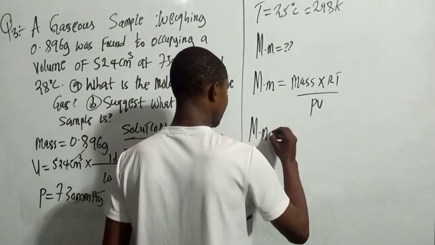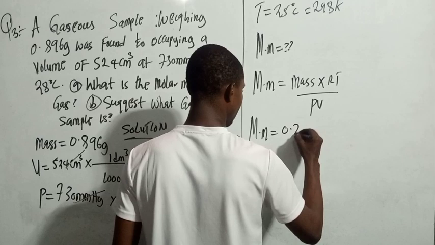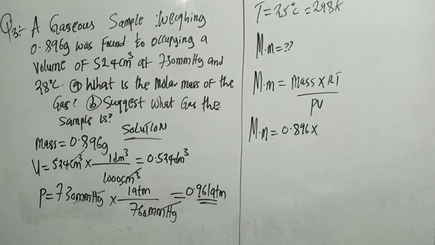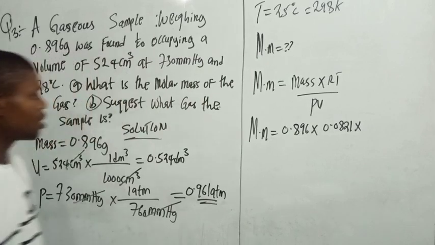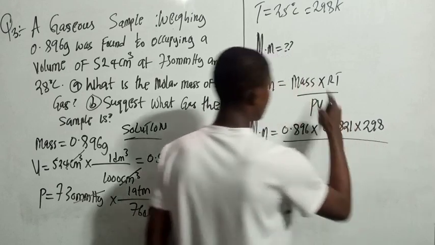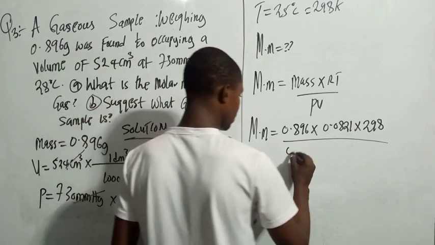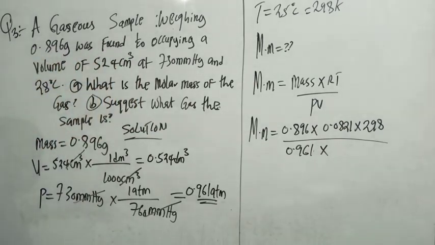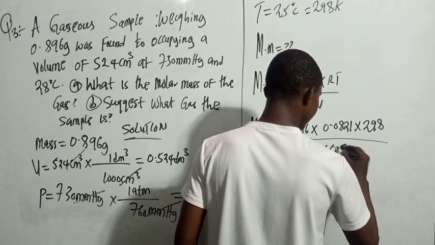Molar mass equals mass, which is 0.896, times R, which is always 0.0821, times T, which is 298, over P, which is 0.961, times V, which is 0.524.